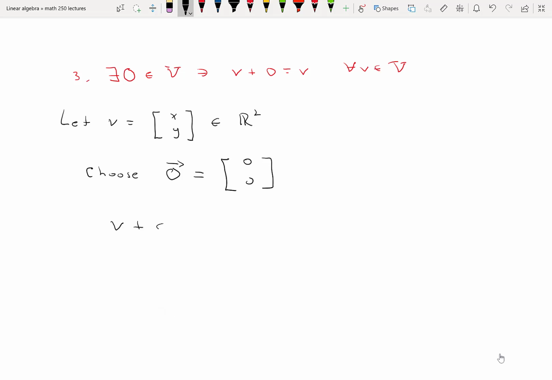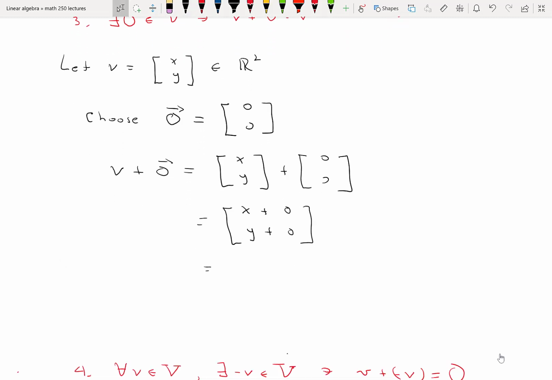I need v plus the zero vector to equal v. Well, v is x y, the zero vector is 0, 0. This is regular addition of matrices. So this then is the column vector x plus 0, y plus 0. In that column vector are real numbers.